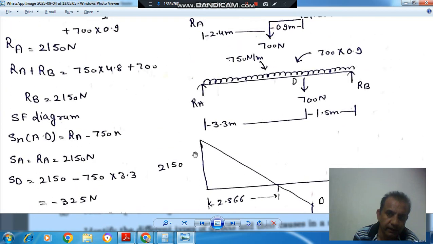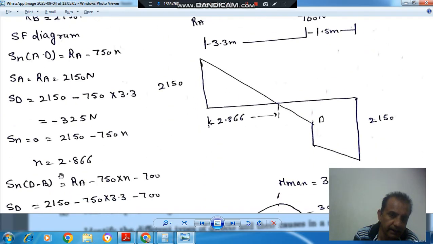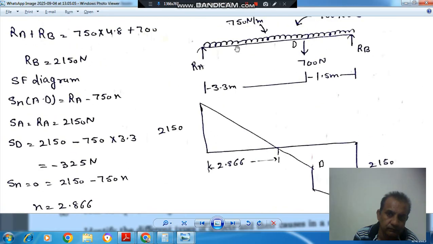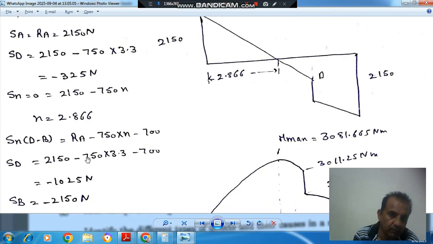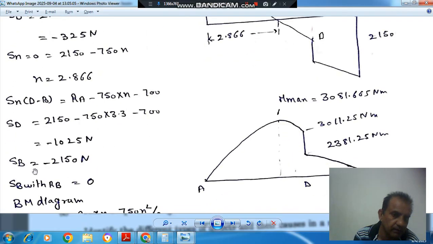Now if we take X between D and B, then Sx will be RA minus 750 into X minus 700. If we put X equal to 3.3, then SD will be minus 1025 Newton. And at B, if we put X equal to 4.8, then it will be minus 2150.